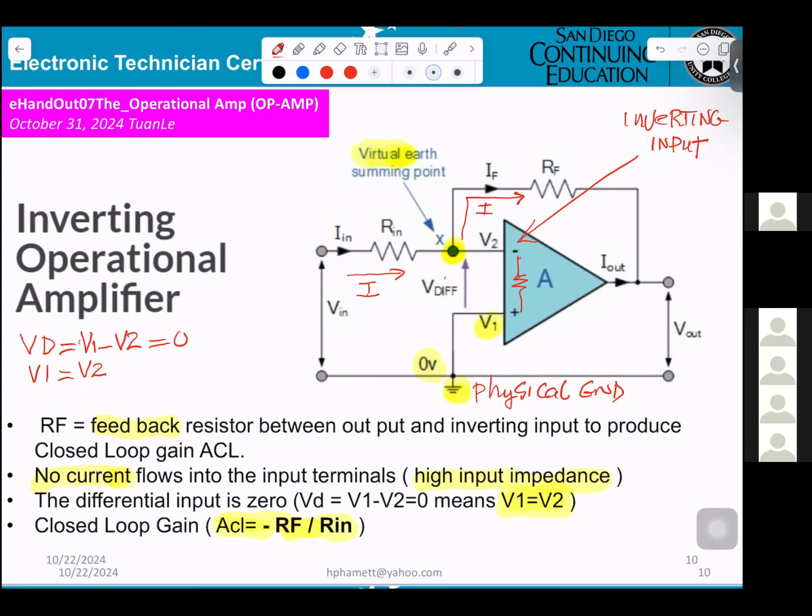They go to RF, then RF will be positive on this side, and that will be negative. And this is negative, then this will be negative, and this side will be positive.